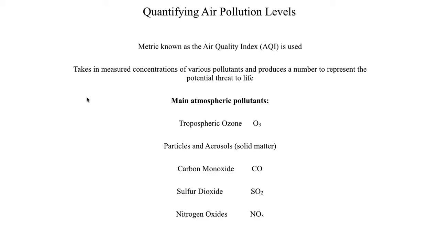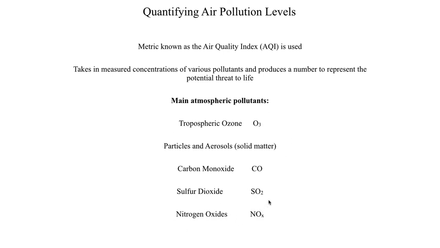Those all have the same end effect when you look at the bigger picture, which is why we give it such a broad category, even though multiple different molecules might be causing the problems. We refer to them very broadly as just nitrogen oxides. So those are the main 5 that the air quality index considers.